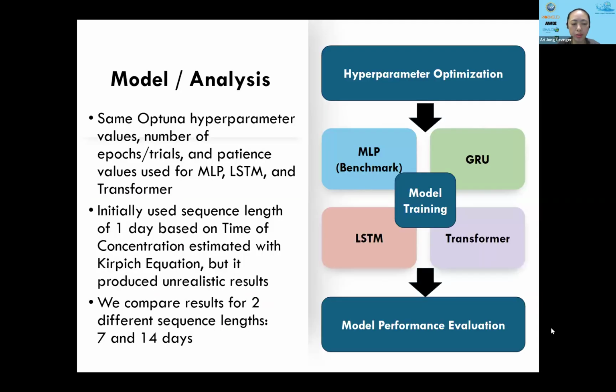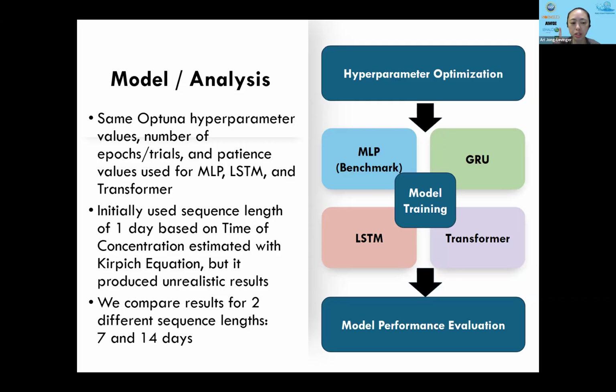And the general method we used: we used the same hyperparameter values for most of the models, MLP, LSTM, and Transformer. Then we trained those models with the optimized hyperparameters, and we used a sequence length.